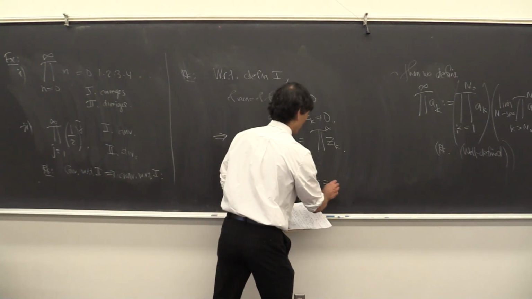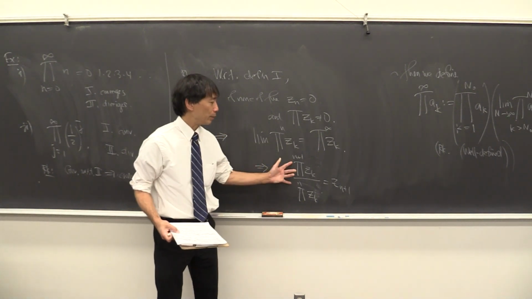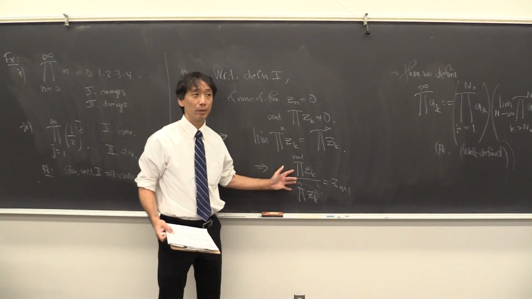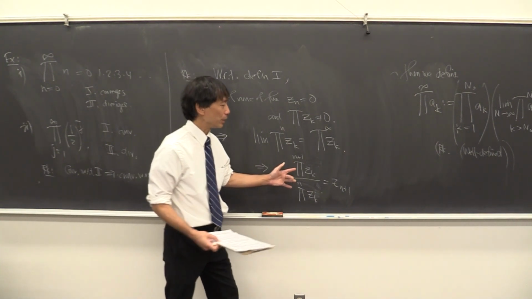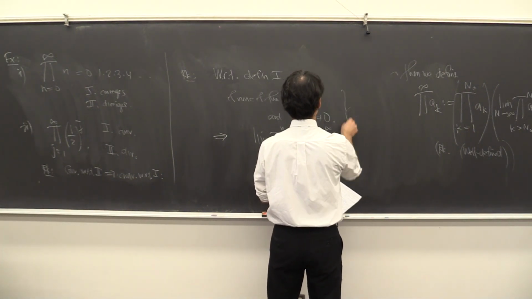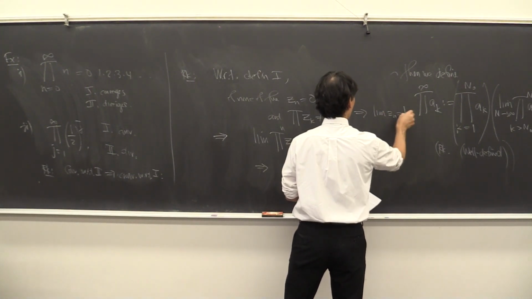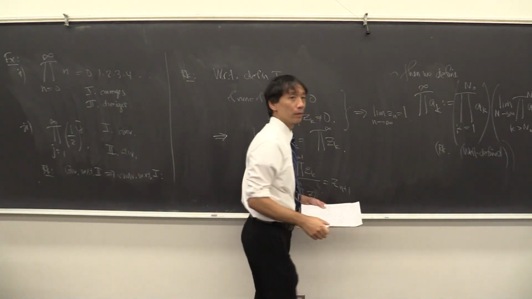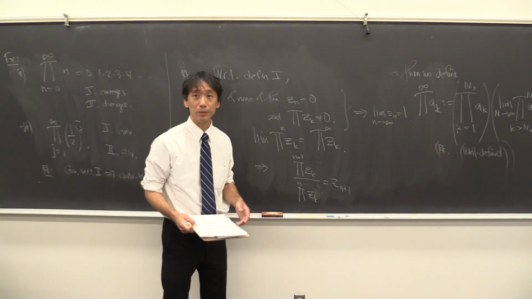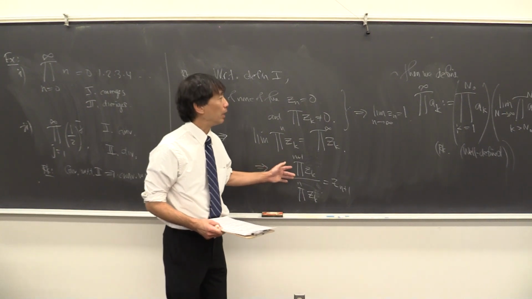And as n goes to infinity, the top and bottom are going to go to the same thing. And so that tells you that the limit of the z_n's is 1 as n goes to infinity, right? Because the products go to the same thing.